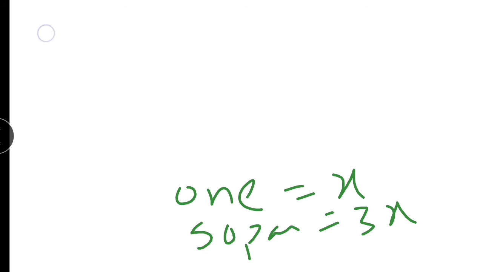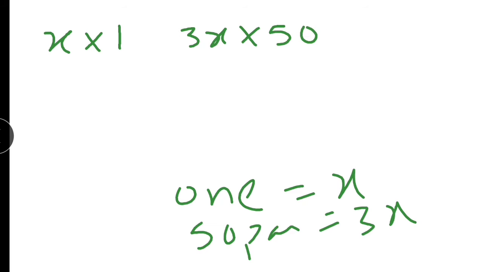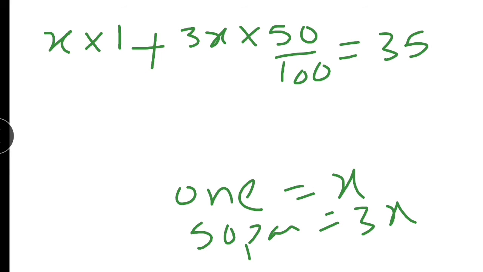There are x coins, so its value is x multiplied by 1 rupee, so x into 1. Next, the value of the 50 paise coins: 3x multiplied by 50 paise, but 50 paise should be converted into rupees, so 50 by 100. Now their sum is equal to 35 rupees.